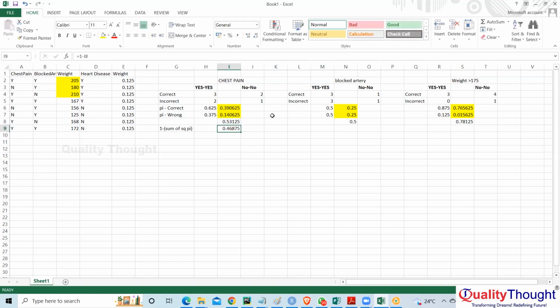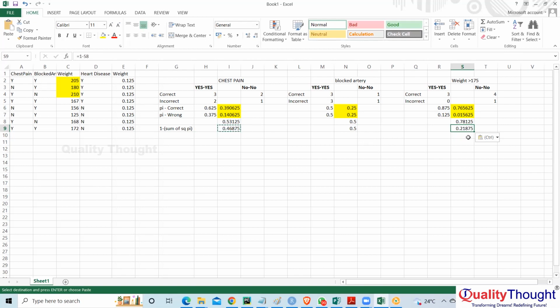This is how we end up calculating the Gini index. So the Gini index values are 0.47, 0.5, and 0.22. The blocked artery Gini index is high.